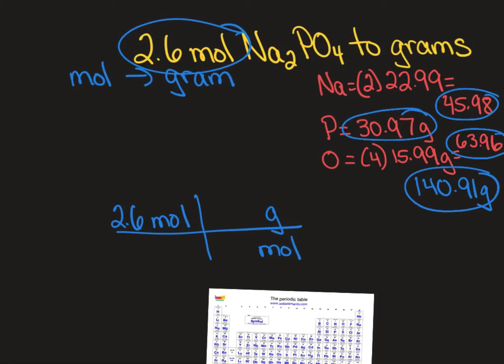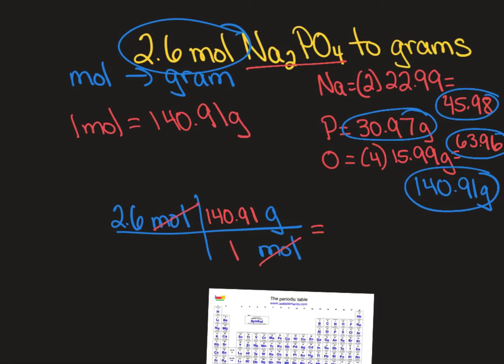Okay, so that gives us our relationship. Now we know that 1 mole of sodium phosphate, remember what we just calculated, equals 140.91 grams. All right, now we have our numbers. The 1 goes next to mole, and the 140.91 goes next to the gram. Now we look at what units get canceled out.